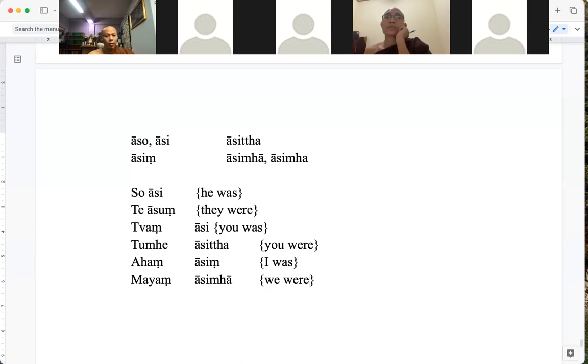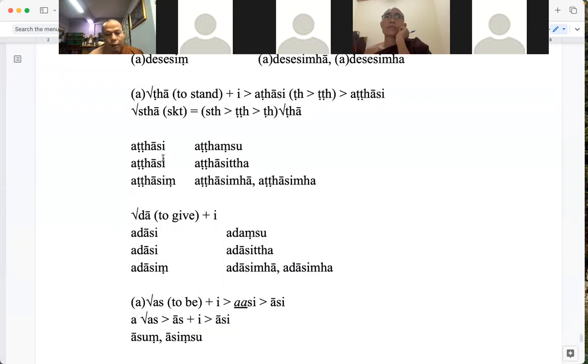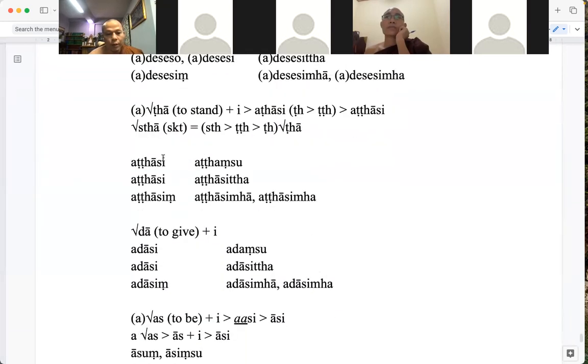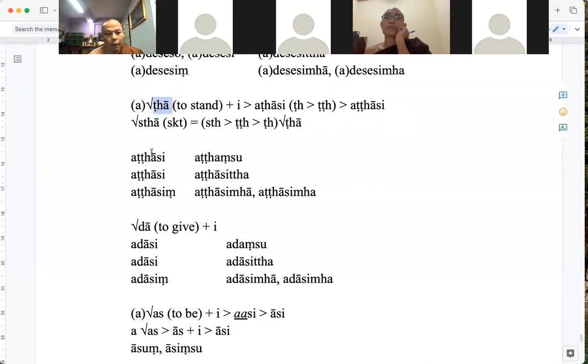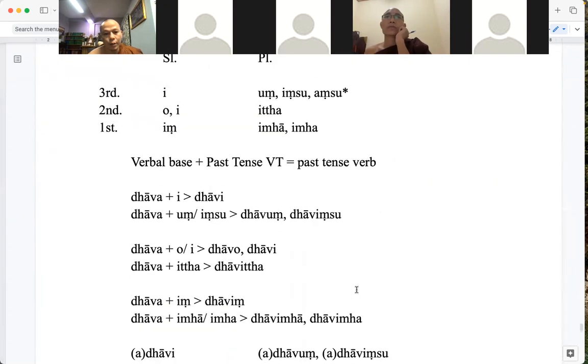So now for the past tense, you have the three irregular forms. One is ruta, another is ruda, and then ruas. Okay, ruas. But the past tense verb terminations are the same, no more change.